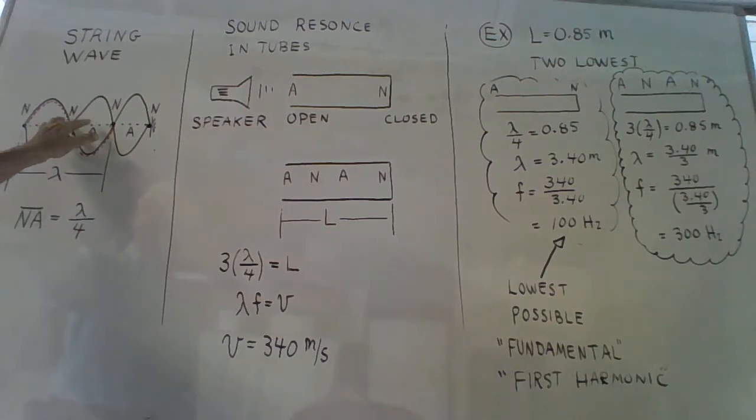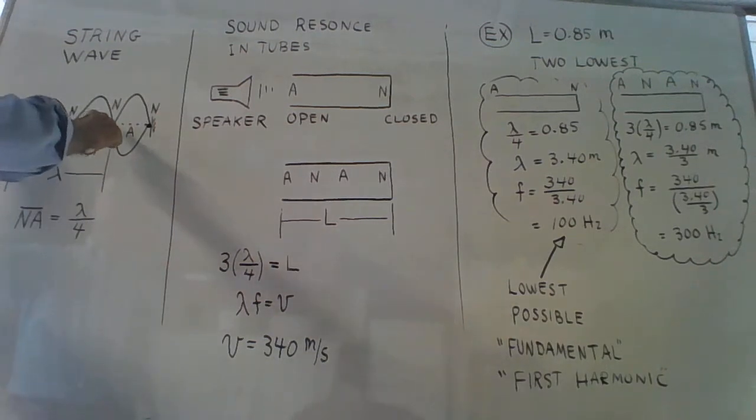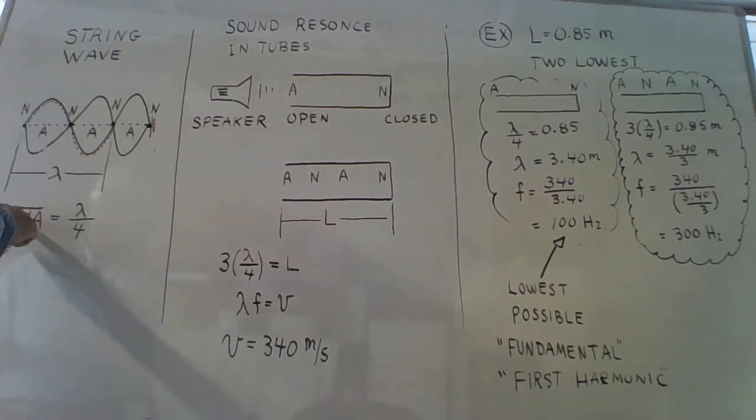1, 2, 3 of those NA distances or AN distances, as you like. And so the four of them, each of equal length, add up to a full wavelength. And so one of these segments, one of those distances, symbolized NA bar, has a length of lambda over 4.